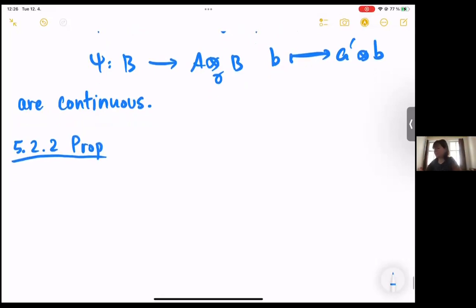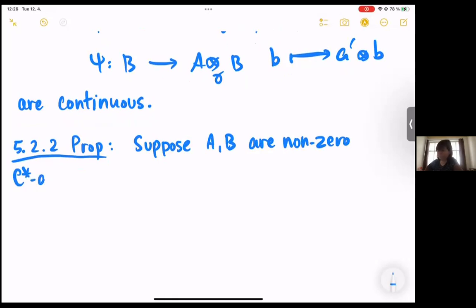And this is useful because it can be used to prove the following. So if A and B are non-zero C-star algebras, this is in a sense going in the other direction.